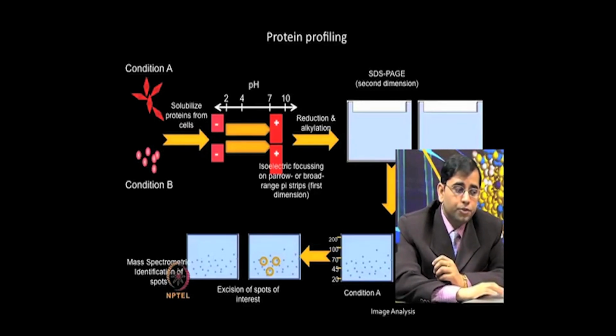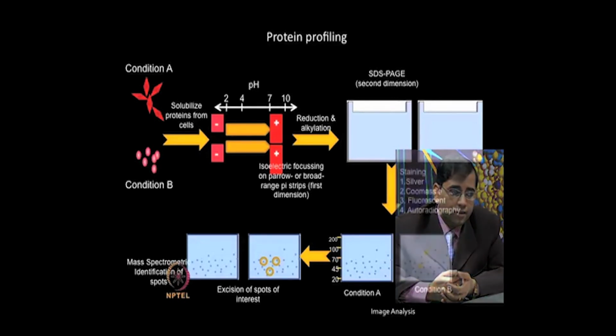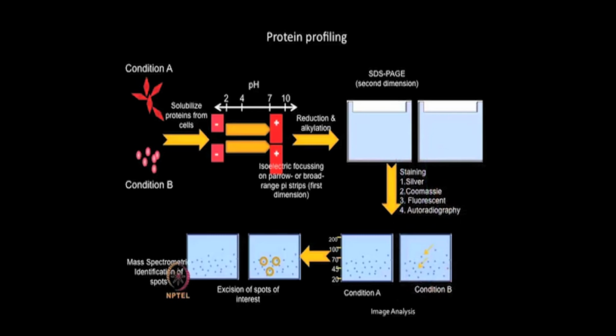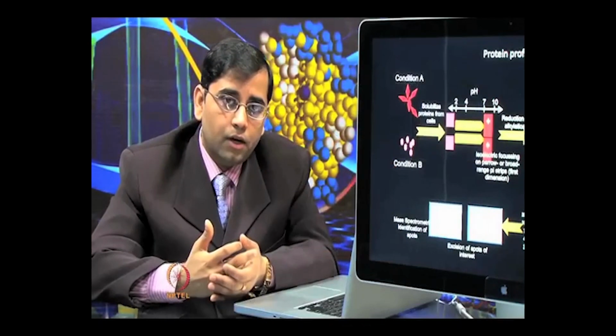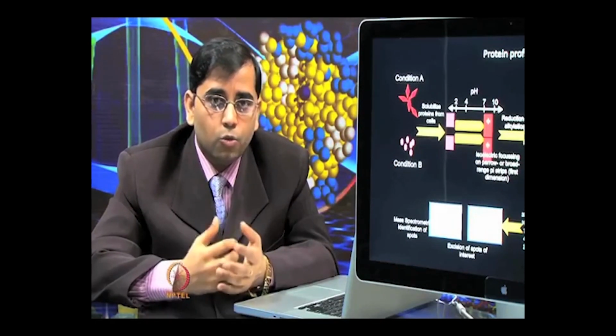After that, you need to reduce and alkylate your samples and then separate them in the SDS-PAGE based on the second dimension, molecular weight. Depending on your staining method being used, whether Coomassie blue or silver stain, different types of fluorescent stains, or autoradiography, you can visualize the protein spots.